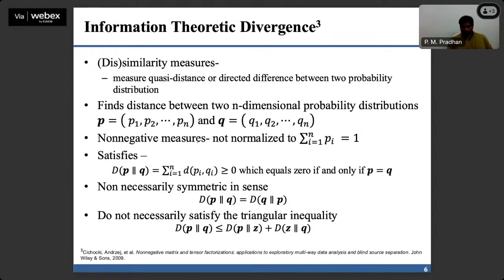Why I am showing all these equations is, if you compare this cost function with that of your error, when you calculate the error, your P minus Q whole square is the same as Q minus P whole square, right? Because if you look at the difference, you're squaring it up, the value is the same, but this is not true in this case. So it's not necessary that the distance measure will remain the same when you flip the variables.